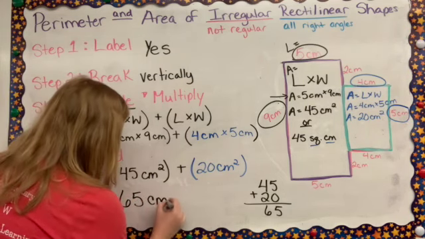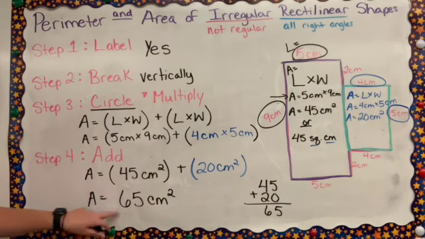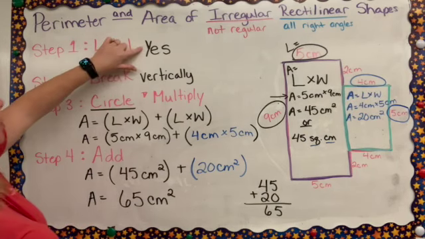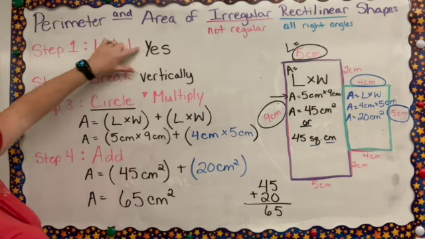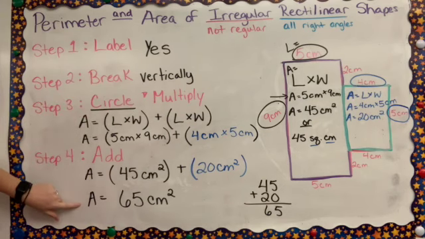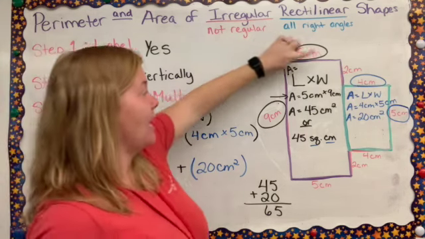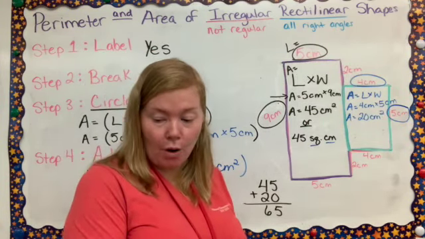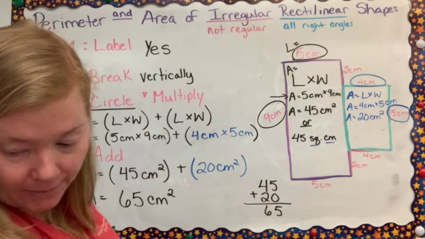Lovely. Centimeters square. Do not forget that that is your final answer. On your work, this is worth 1 point. This is worth 1 point. So 1, 2, 3, 4, 5, 6, 7, 8, 9, 10 points. So make sure that you are doing it completely.